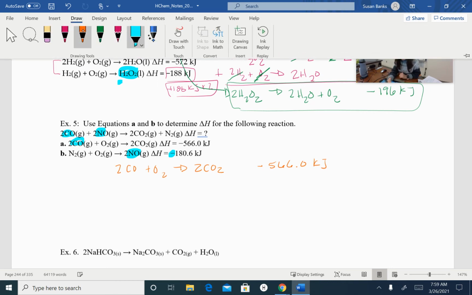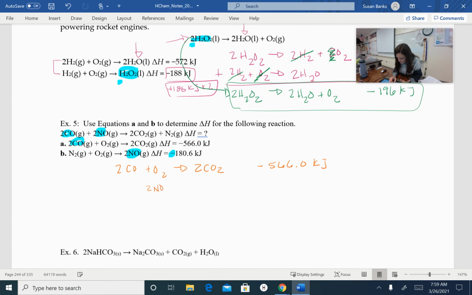I'm going to have to make that positive. So when I write this equation, I'm going to have 2 nitrogen monoxides going to give me nitrogen and oxygen, and I'm going to flip that value. So it's going to be positive 180.6 kilojoules.